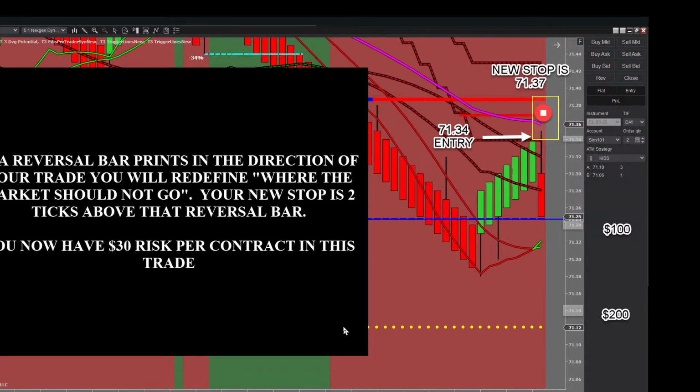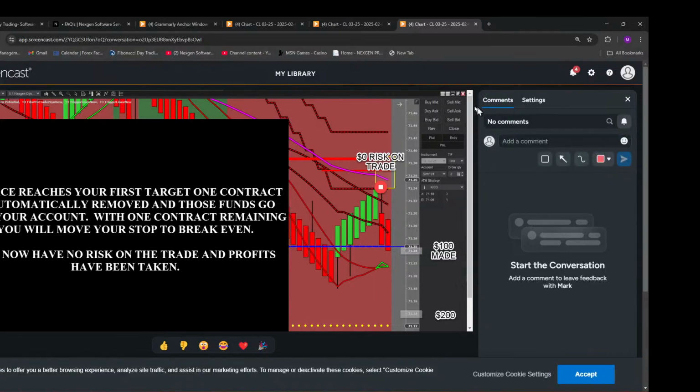So to all my new folks, these sniper entries ultimately create minimal risk. And now there's nothing to do. You're either going to get stopped out for that $30, or they're going to go to your first target. And the first target's only $100 away from your amazing entry.